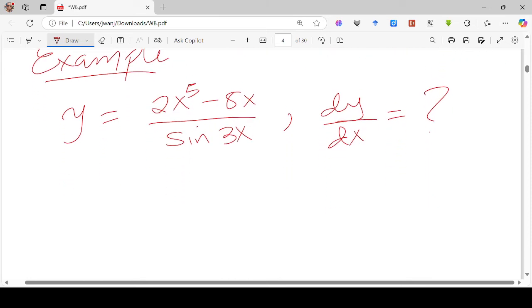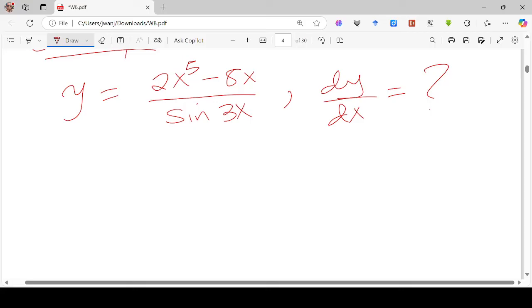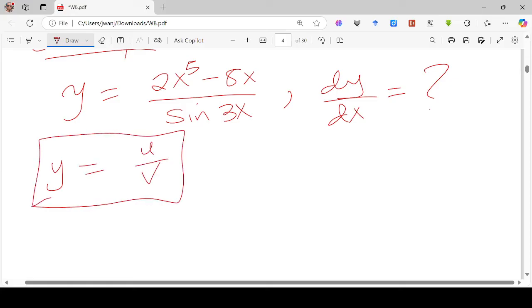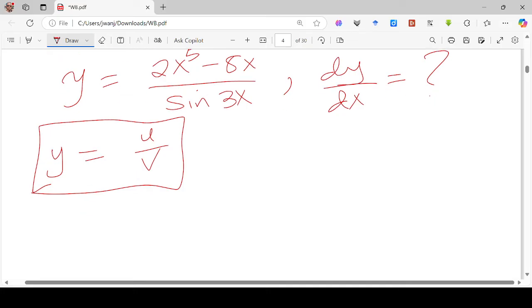We notice that the function given here is a quotient. It can be expressed as y is equal to u divided by v. So u is 2x raised to power 5 minus 8x, and v is sine of 3x.